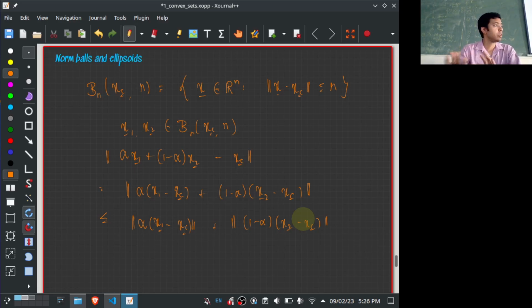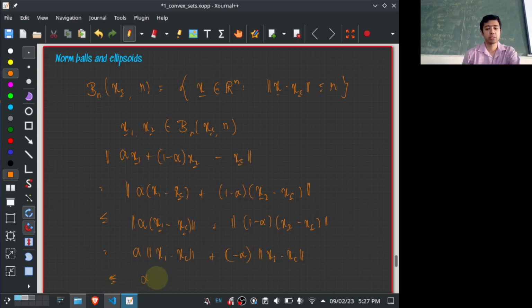So any norm should satisfy the triangle inequality, but it should also satisfy the scaling property: the norm of alpha times some vector is equal to alpha times the norm of the vector. So this is alpha times the norm of (x1 minus xc) plus (1 minus alpha) times the norm of (x2 minus xc), but each of these two norms is less than or equal to r.